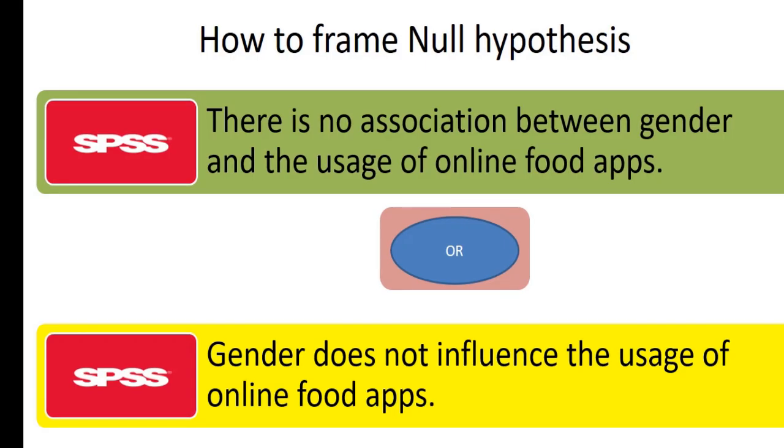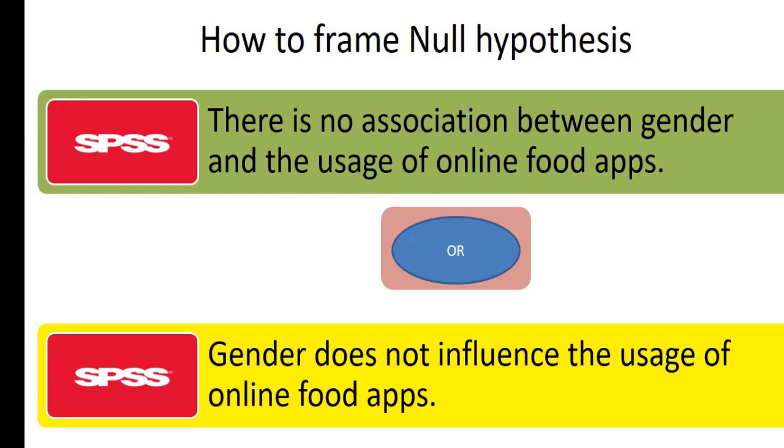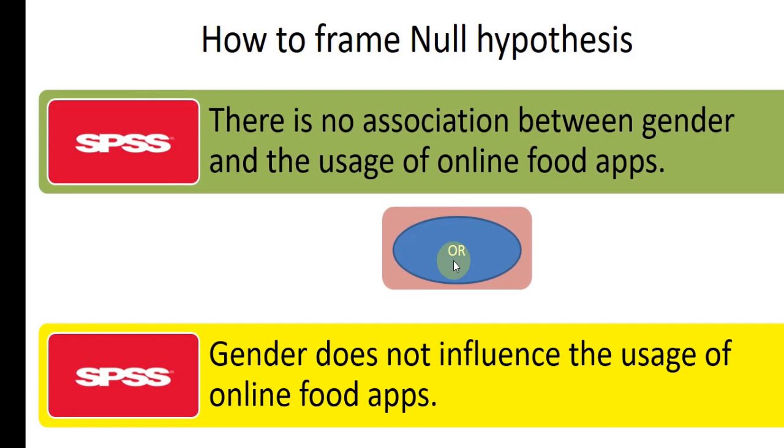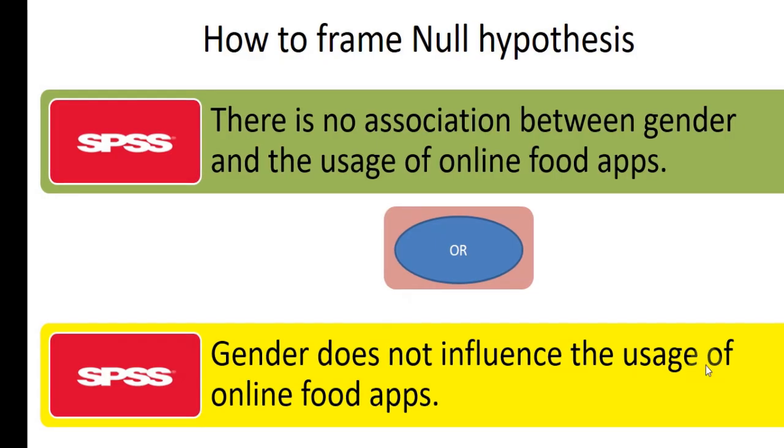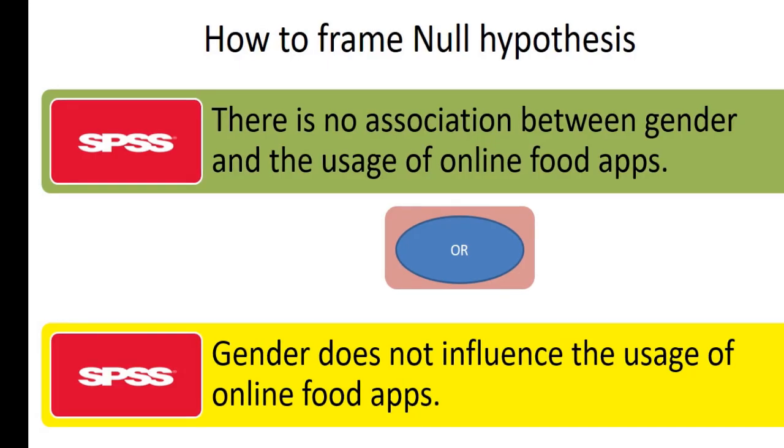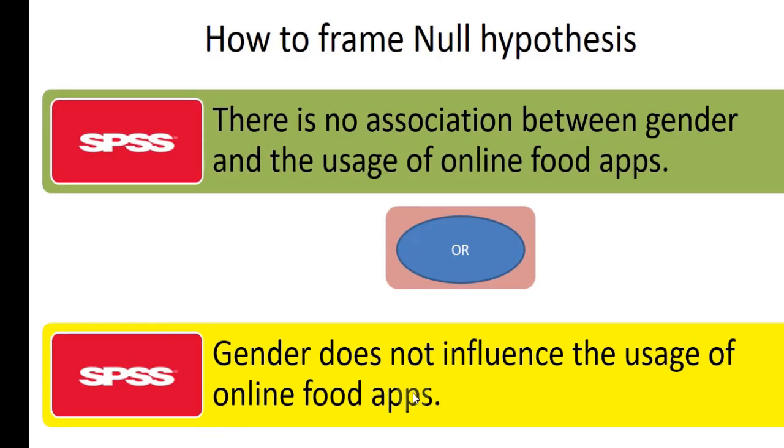That is, there is no association between gender and the usage of online food apps. You can specify the same null hypothesis like this also: gender does not influence the usage of online food apps. Or you may give the null hypothesis as gender and the usage of online food apps are independent.